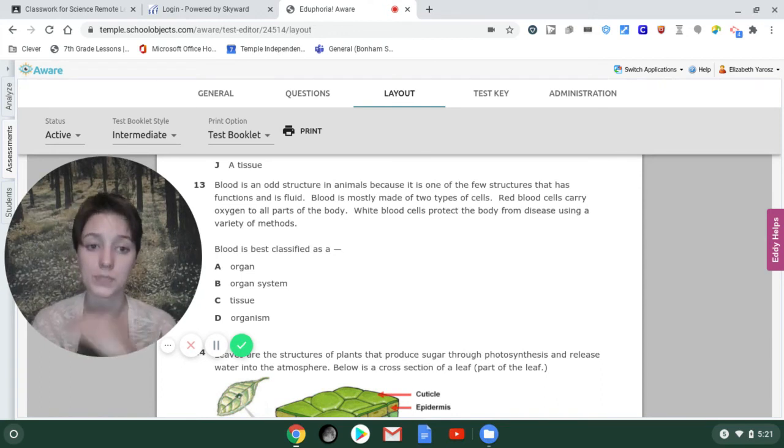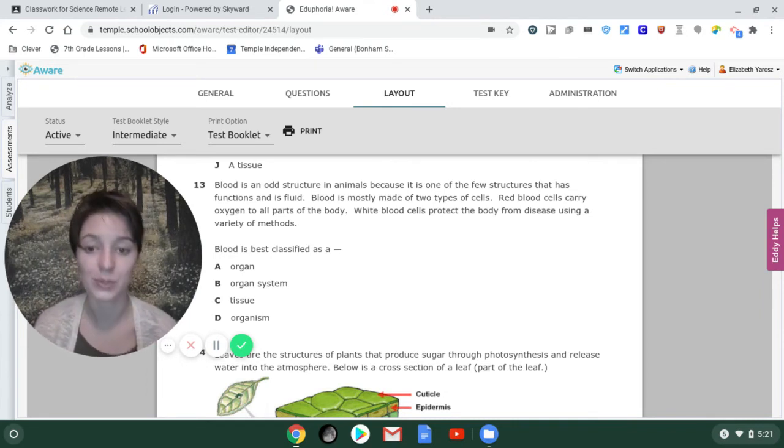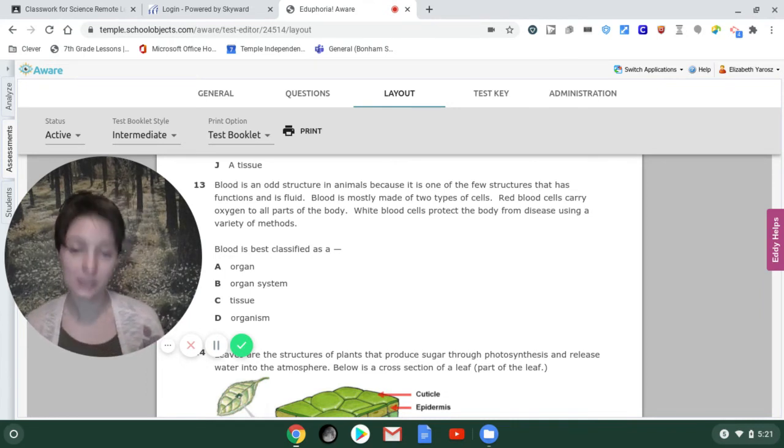When you have multiple cells working together, such as red blood cells and white blood cells moving through your bloodstream, working together, that creates tissue. So that's tissue. The next level of organization, once you have all the tissue fulfilling that function, you have an organ. So let's say I bite my tongue.